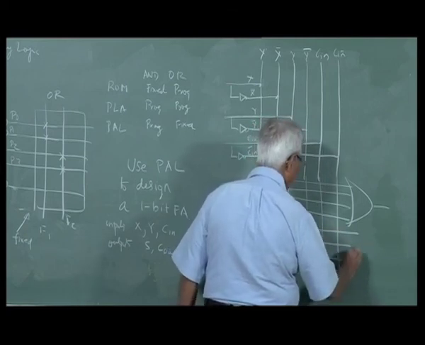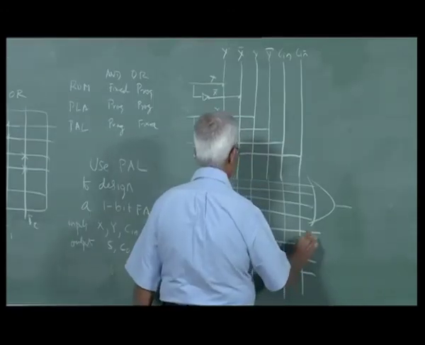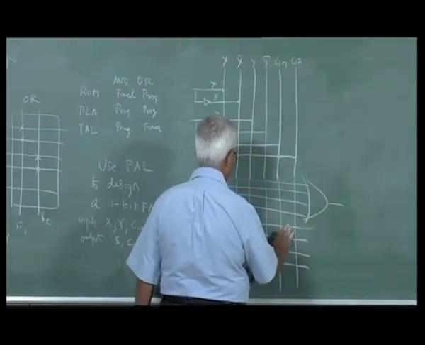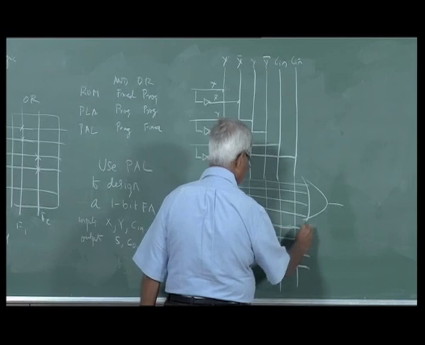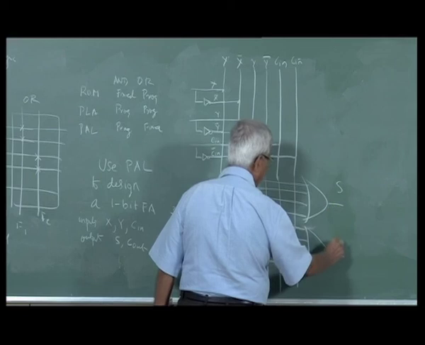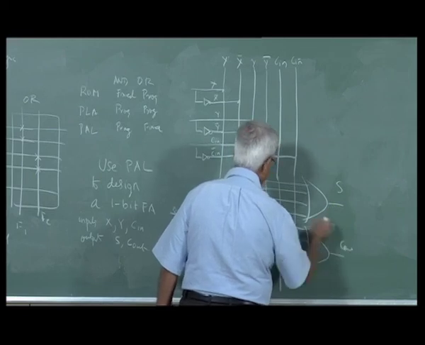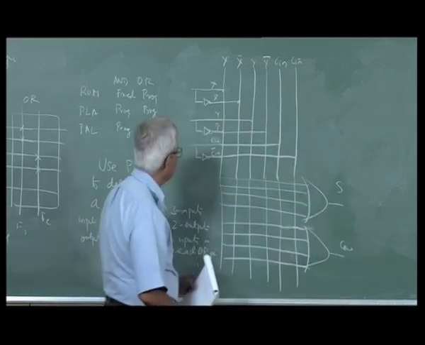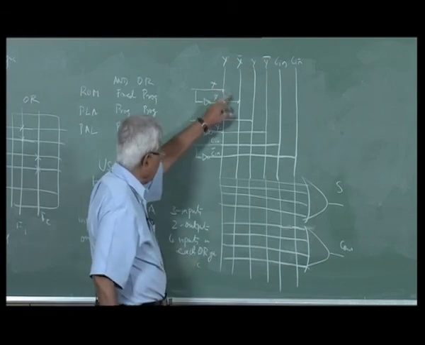This is pre-defined. I have to use one for sum, the other for carry out. This is fixed, but what is not fixed is which of these terms go into these AND gates.